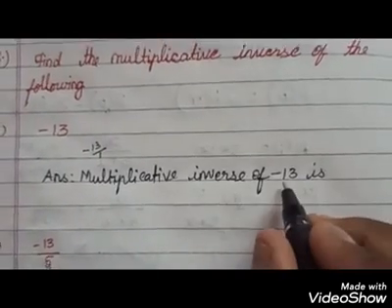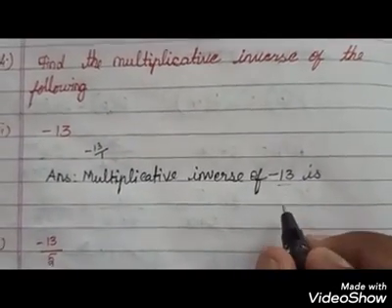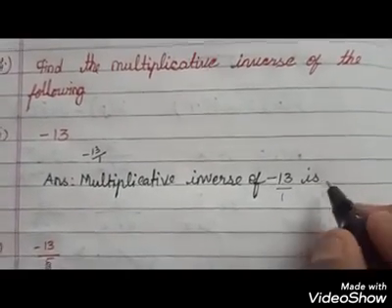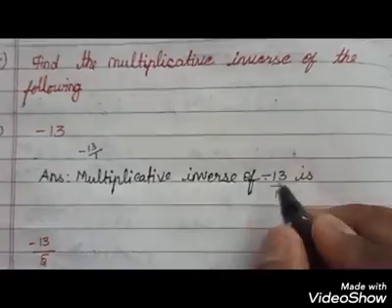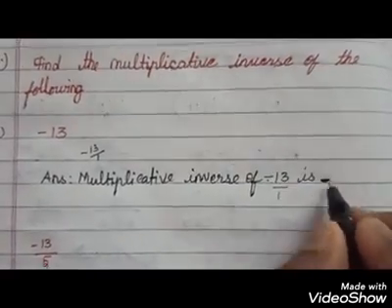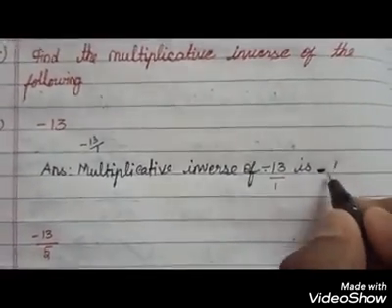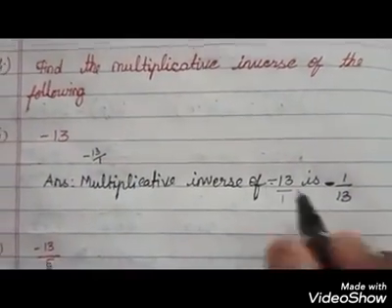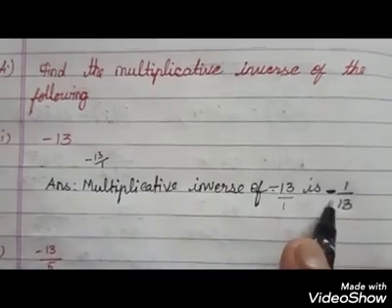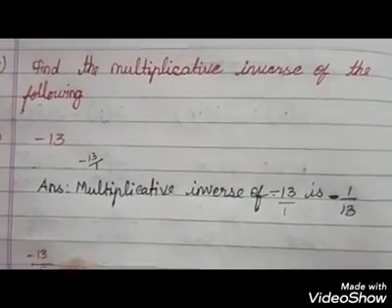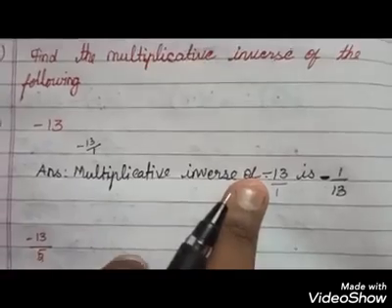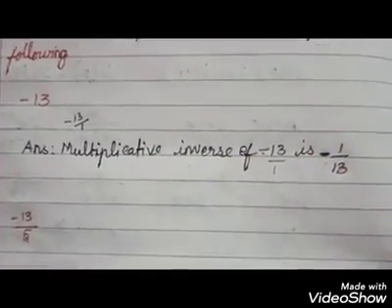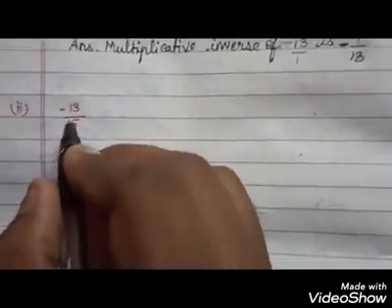Minus 13 has denominator 1. So now you take the reciprocal. You no need to change this negative symbol. It should be negative only. 13 by 1 becomes 1 by 13. So the multiplicative inverse of minus 13 by 1 is minus 1 by 13.